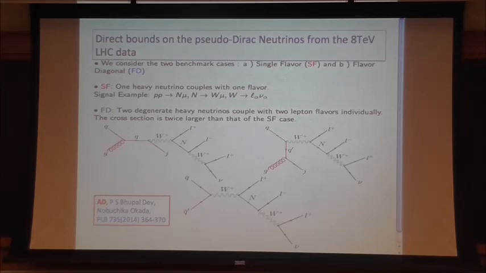To do that, we have two benchmark scenarios. One is called the single flavor, and the other is called the flavor diagonal case. In the single flavor case, the heavy neutrino is coupled with one lepton, say electron or mu. In the flavor diagonal case, there are two generations of heavy neutrinos, and one heavy neutrino couples with the electron and the other heavy neutrino couples with the mu.